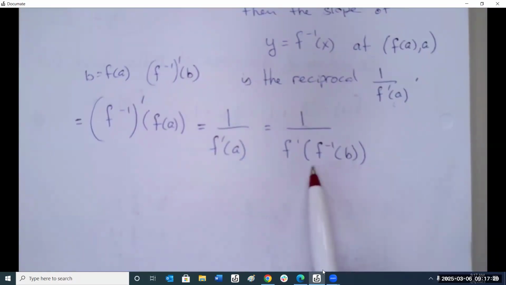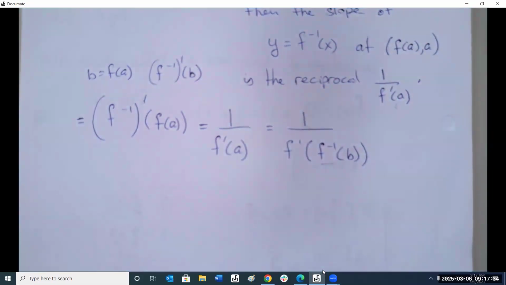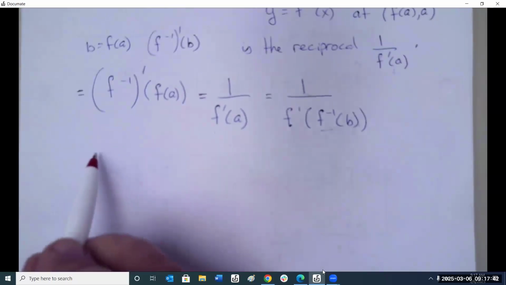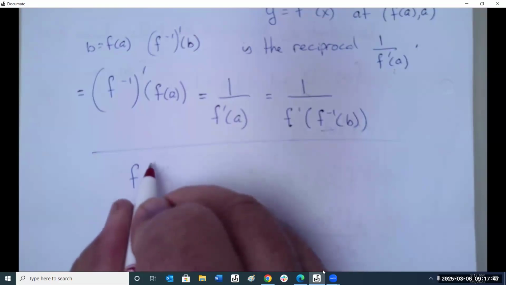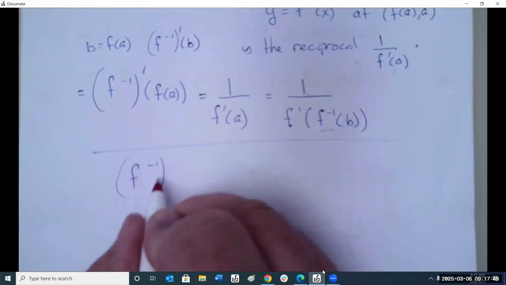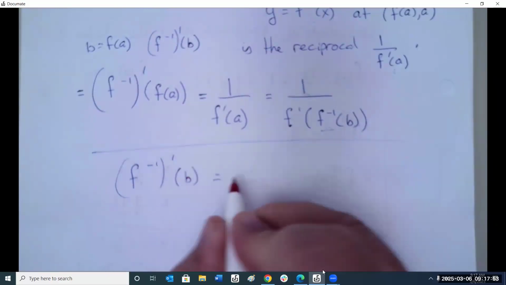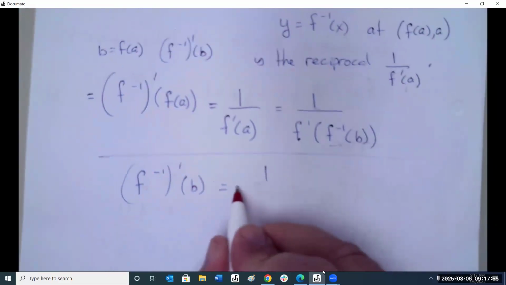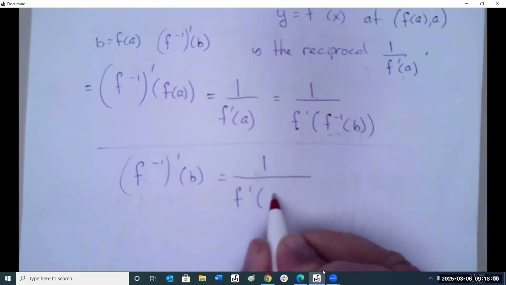Have we seen this before? I mean, it's just the denominator part. That is the chain rule. Take the derivative of the outside, leave the inside alone. So our formula, which we're going to be using, is the derivative of the inverse function, f inverse prime of b, is equal to 1 over the derivative of the original function.